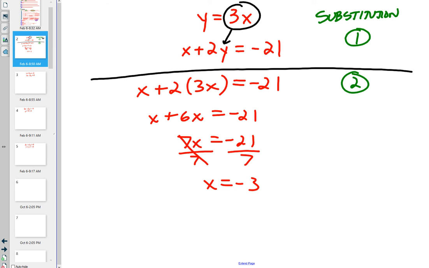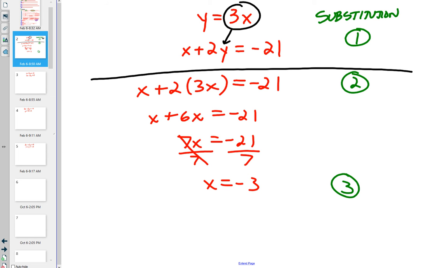Well, now you know it's right. And not only is it right, because I am able to complete step 3, I now have a variable solved for. I know that x has to be negative 3. If I'm able to solve for x, that means I have to be able to solve for y.